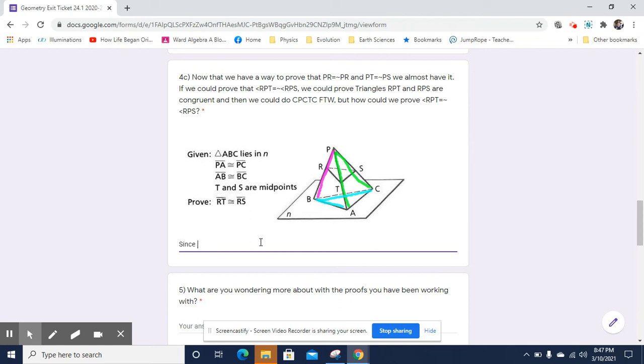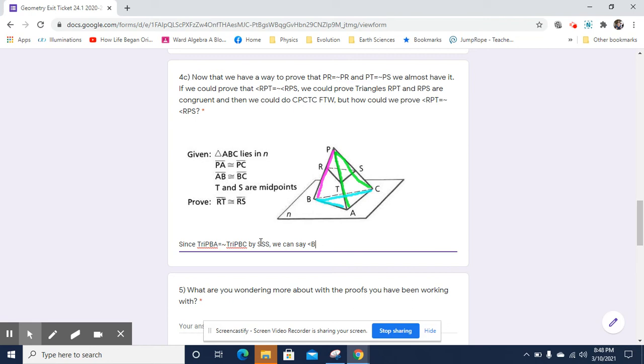So triangle PBA is congruent to triangle PBC by side, side, side. We can say angle RPT is congruent to, in the case of this triangle, I would say BPA, but that's the same angle as RPT.